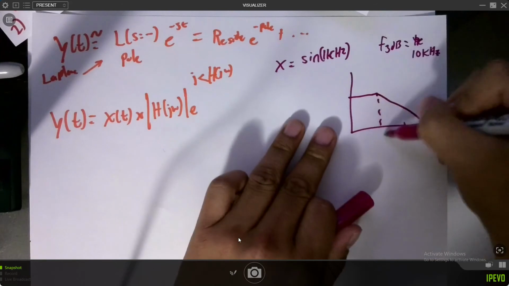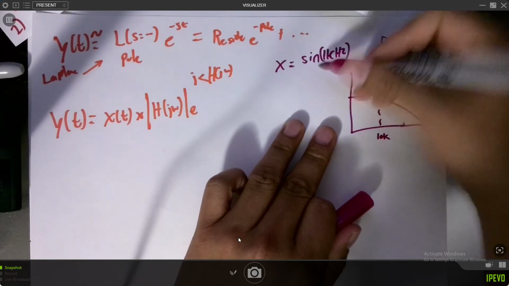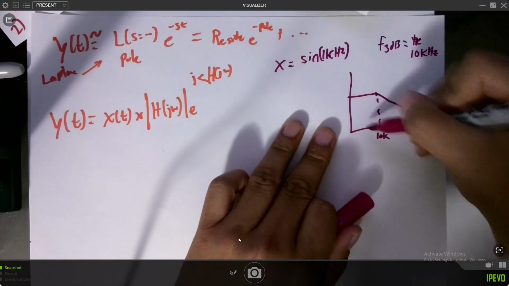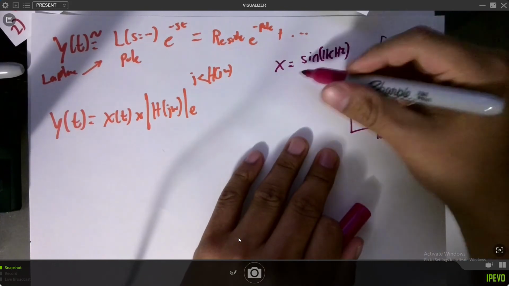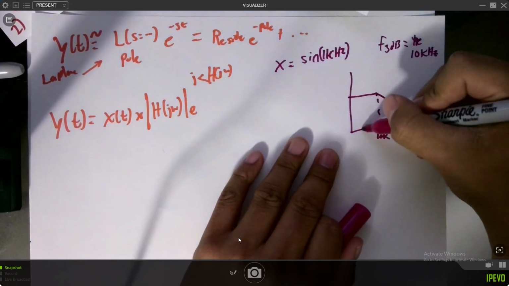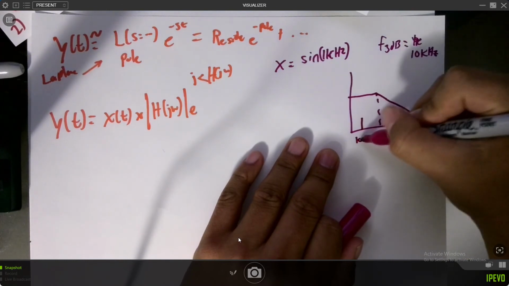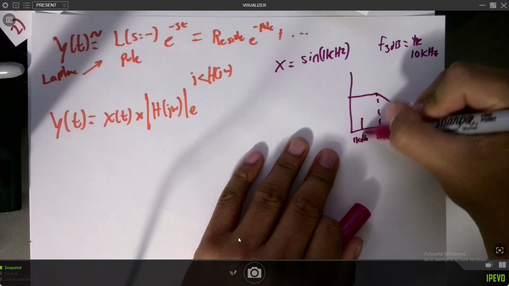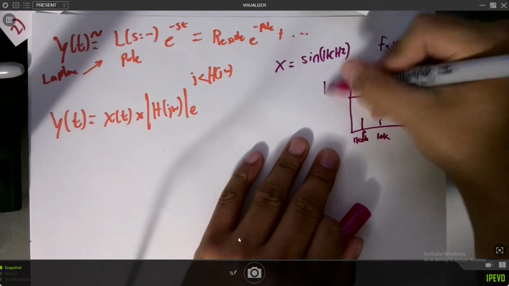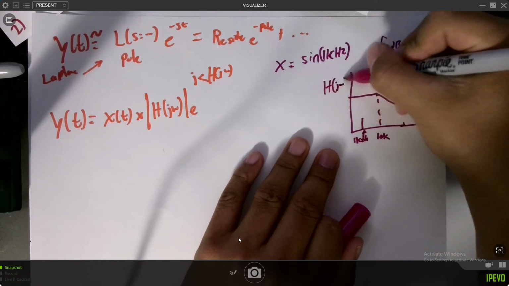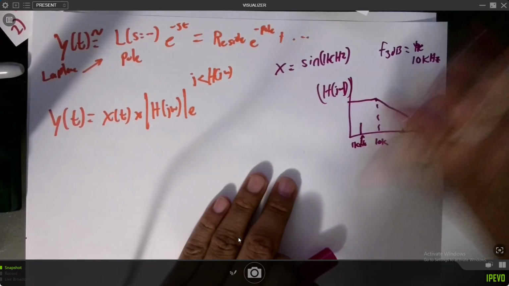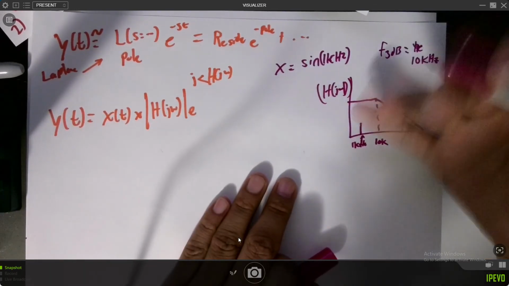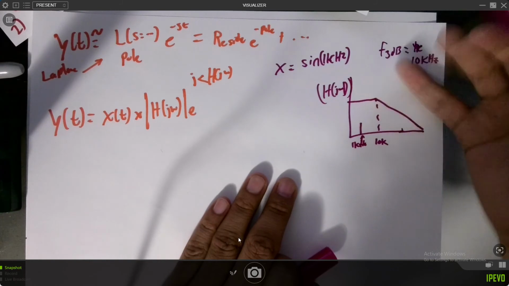So here's our 10K and our X signal. If we want to know what the output is, all we got to do is multiply our input signal, our 1 kilohertz signal, by the transfer function itself. So literally, it's like voltage in, your V out divided by V in is equal to your gain.